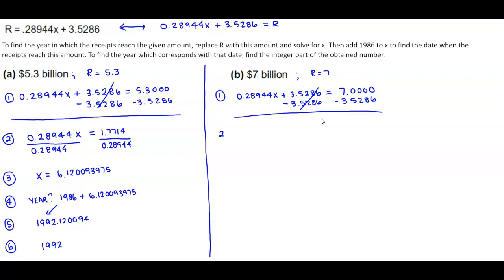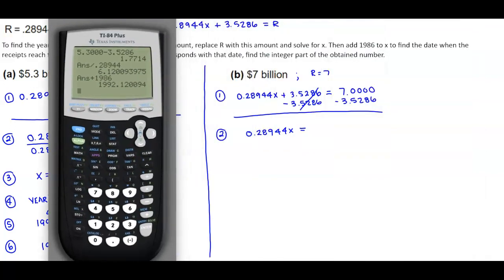So for step 2, we have 0.28944x. Okay, so let's go ahead and use our calculator here. We're going to take 7.0000 minus 3.5286, and that gives us 3.4714.